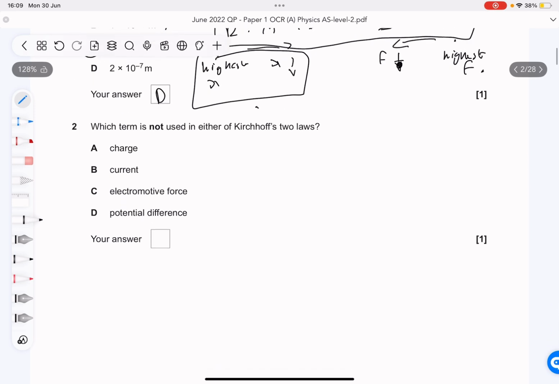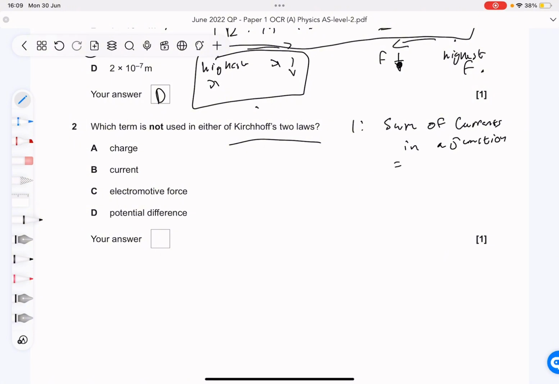Right, question 2. Which term is not used in either of Kirchhoff's 2 laws? Our good friend Kirchhoff. Now, he's got 2 laws. The first law is that the sum of currents into a junction equals the sum of currents out of the junction.